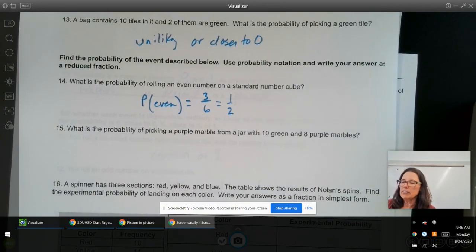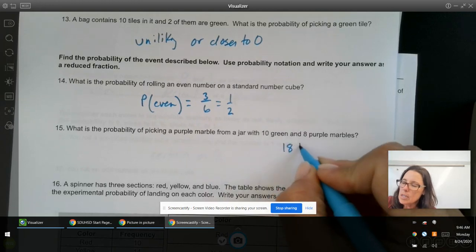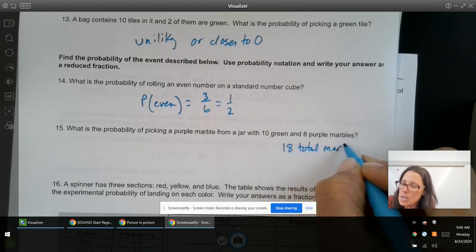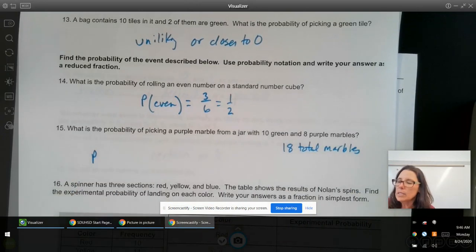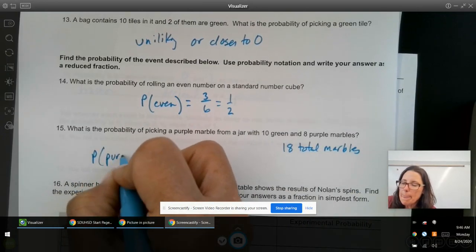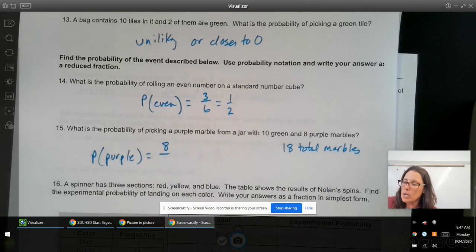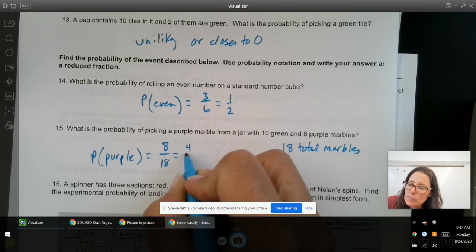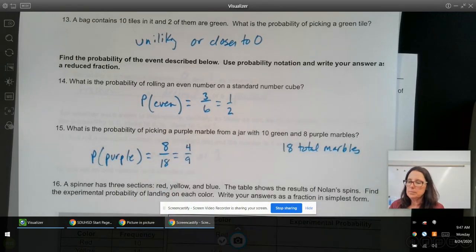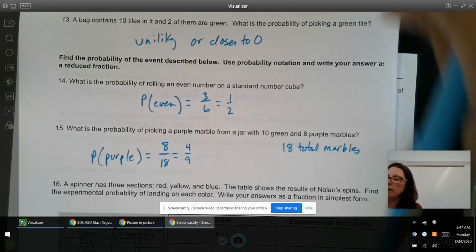What is the probability of picking a purple marble from a jar with 10 green and 8 purple marbles? 18 total marbles, that's key. So the probability of picking a purple would be 8 out of 18, not 8 out of 10. That reduces to 4/9. You try number 16, pause me, and then click me back on to check.